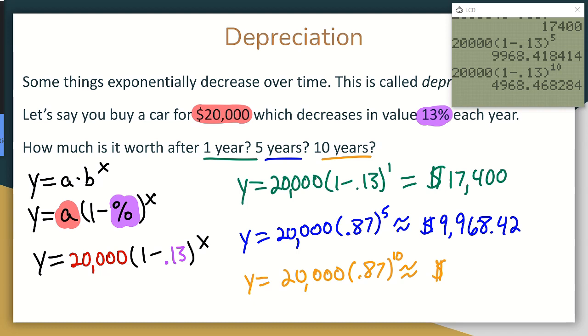Oh, look at that. Whoops, I should add a 10 there. That is interesting. So does anyone notice anything about these values we chose for the number of years and the value of the car after that many years? Anyone notice anything?